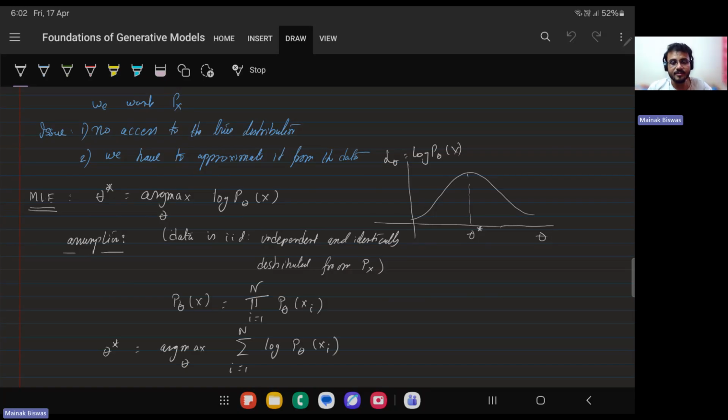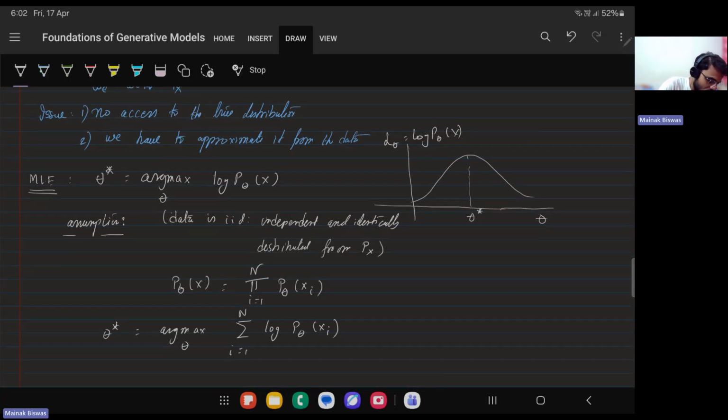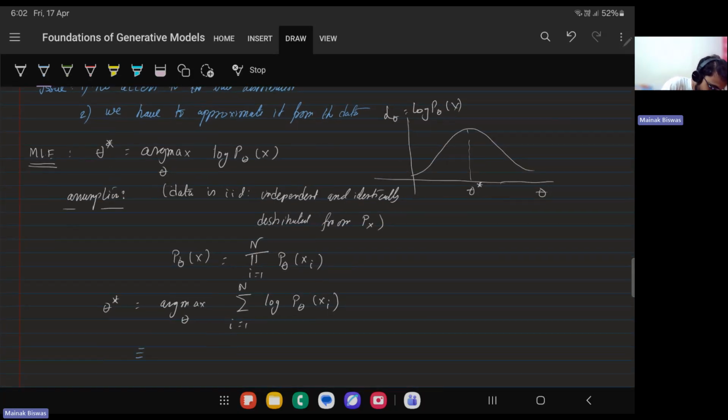Now, this is also equivalent to arg max over theta, if I multiply by n inside and outside. So this is the same expression, right?